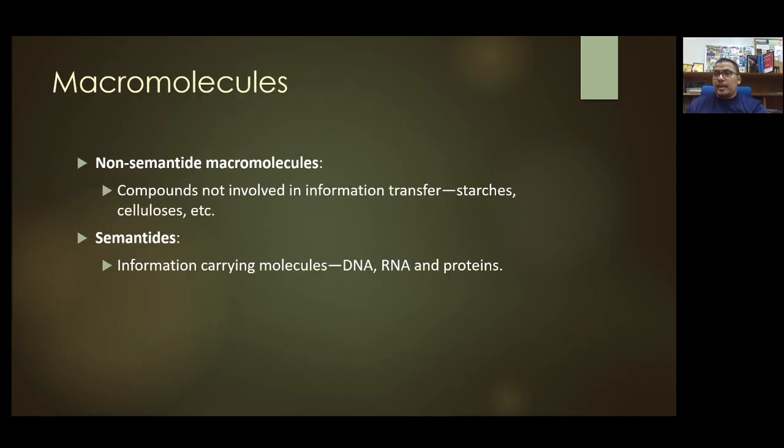In addition to DNA and RNA, called semantides, the information-carrying molecules, the macromolecules include proteins and complex polysaccharides such as starches and cellulose, which are non-semantide macromolecules.